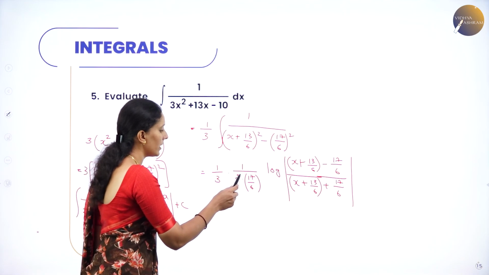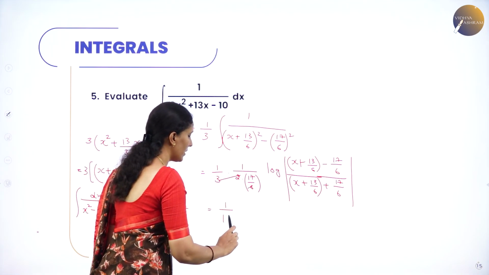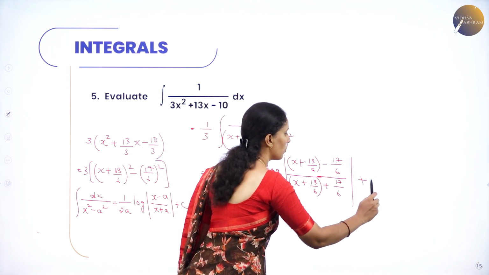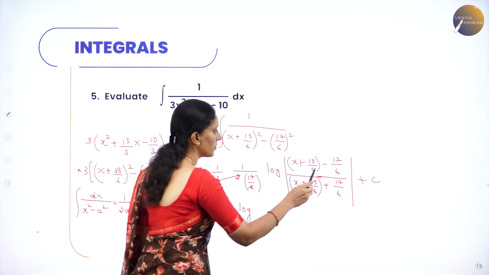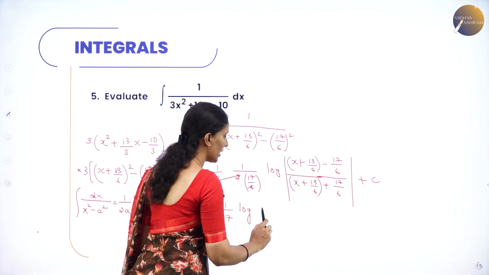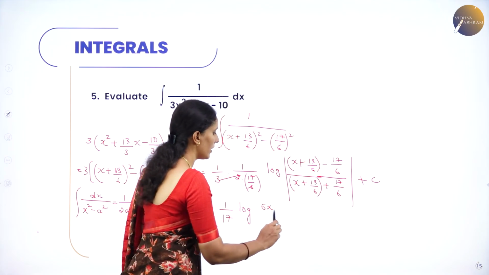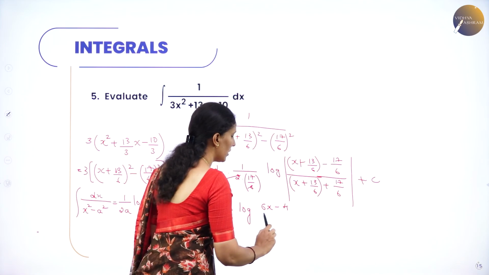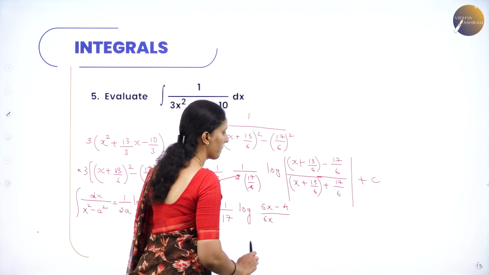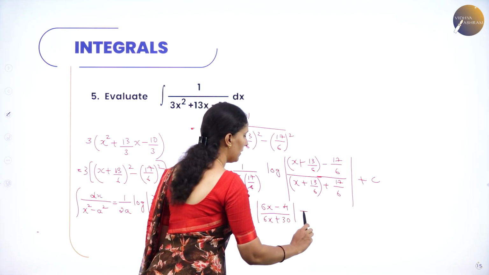So here you can see 3 twos are 6, the 6 gets cancelled. So 1 by 17 log of, and you can add the integration constant. When you multiply completely with 6, the numerator becomes 6x plus 13 minus 17, which is minus 4, divided by, here also, 6x plus 30, plus c.